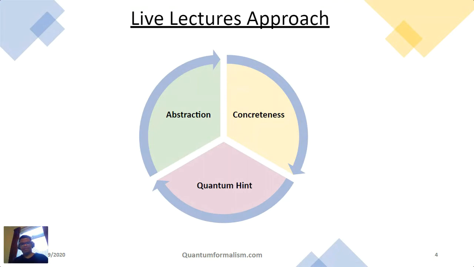So we will try to make it as accessible as possible, but at the same time help you get comfortable with the abstraction. And then we'll have concreteness, so abstraction will not be just for the sake of abstraction, it will always be for the purpose of directing you to our goal.